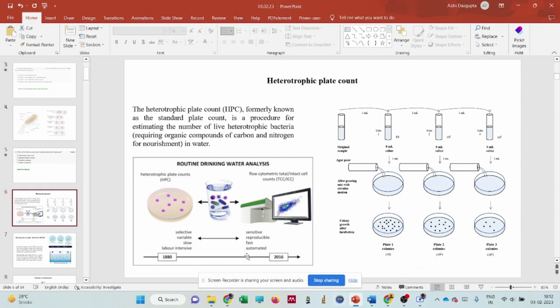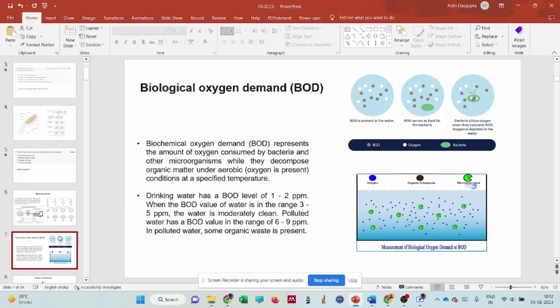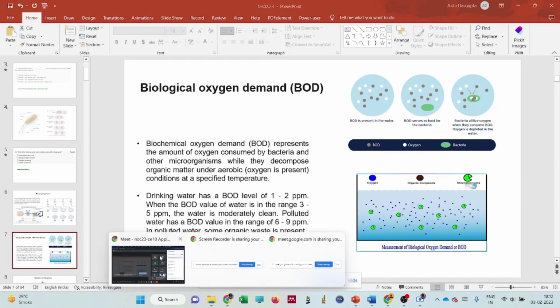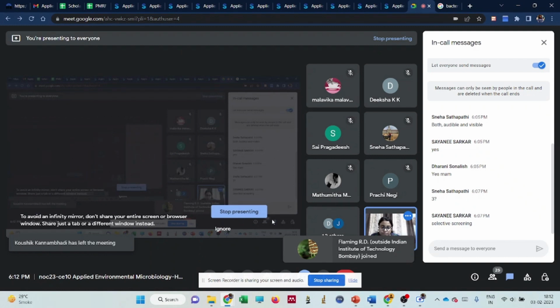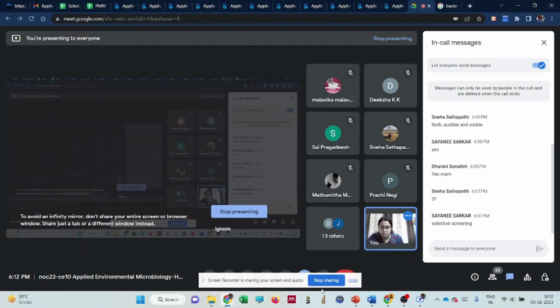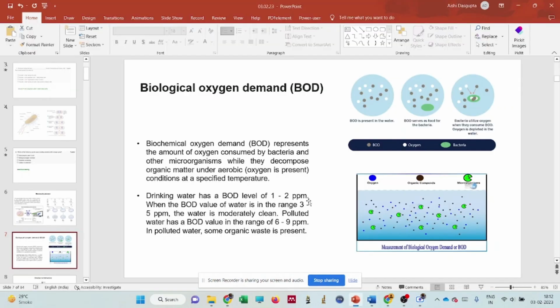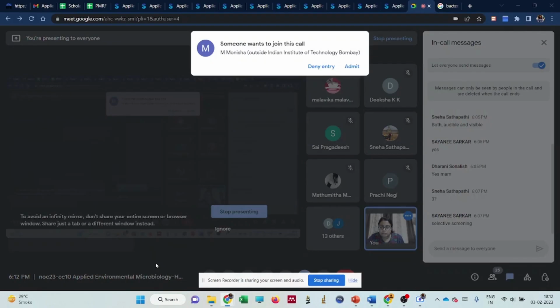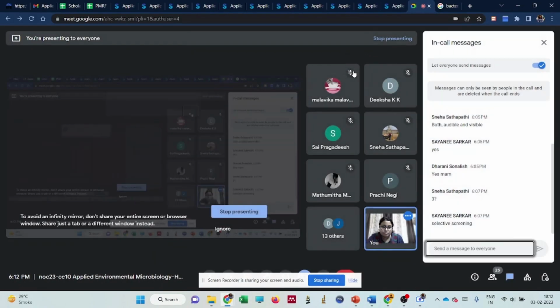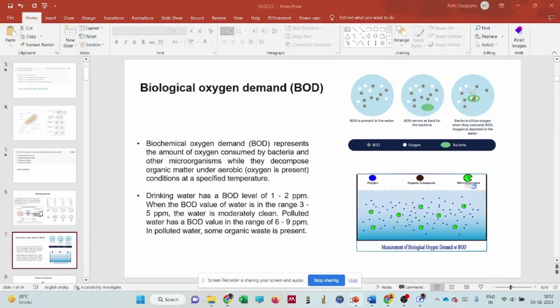The other option was biological oxygen demand. Biological or biochemical oxygen demand basically represents the amount of oxygen that's consumed by bacteria and other organisms while they decompose organic matter under aerobic conditions.